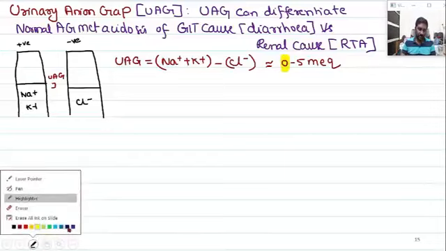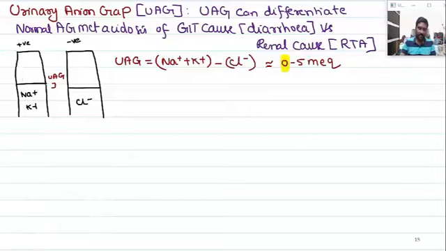Very important: in the unmeasured positive, there is an ion called NH4 plus. So NH4 plus contributes to the unmeasured compartment. Let us see how this urinary NH4 is clinically relevant. So how is it actually produced?